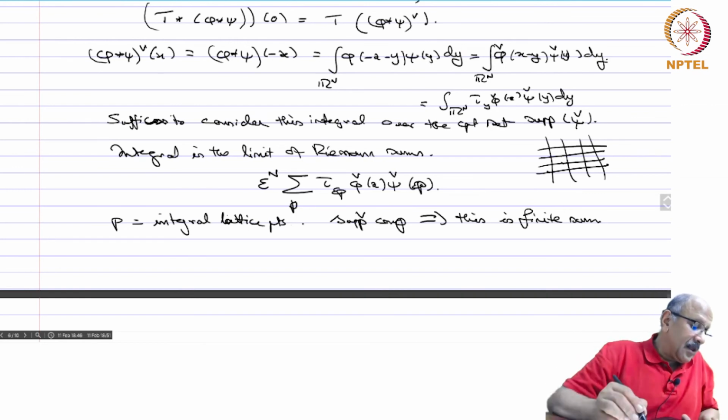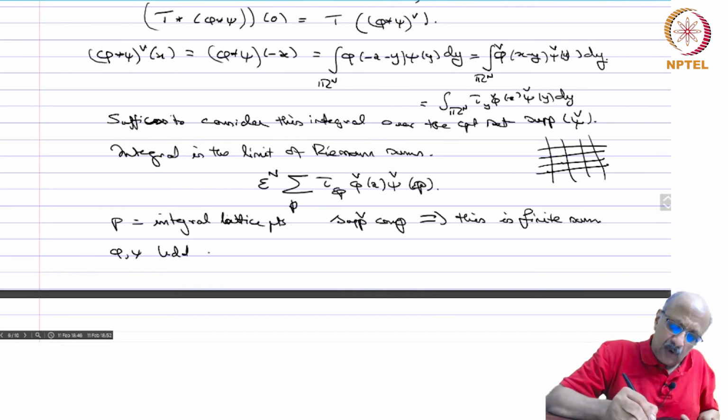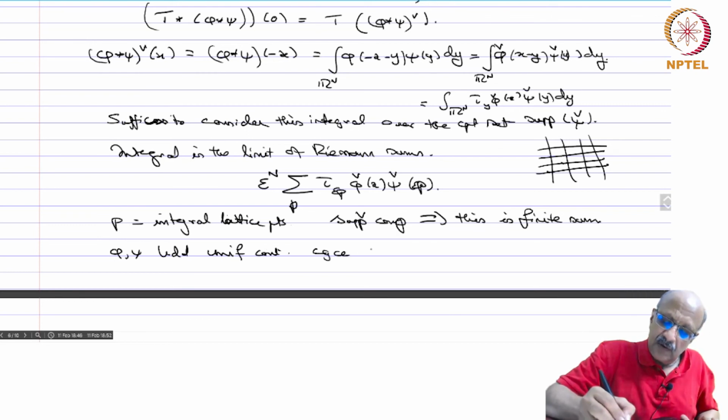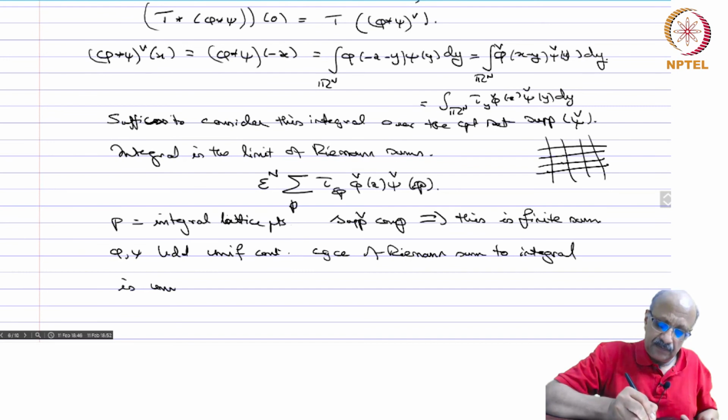And then both phi and psi are of compact support, so they are bounded and uniformly continuous, and therefore convergence of the Riemann sum to the integral is uniform in x.